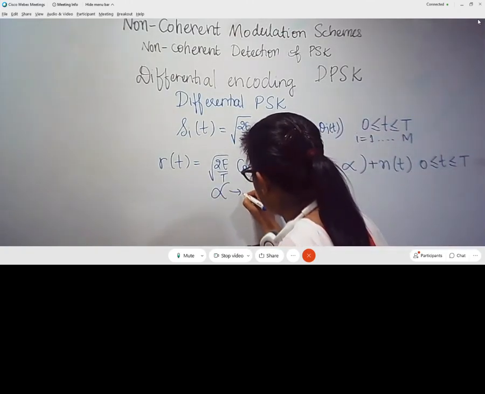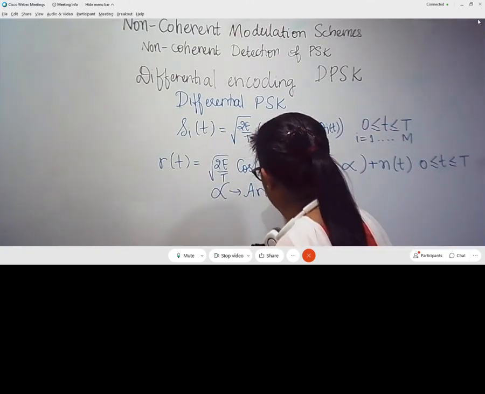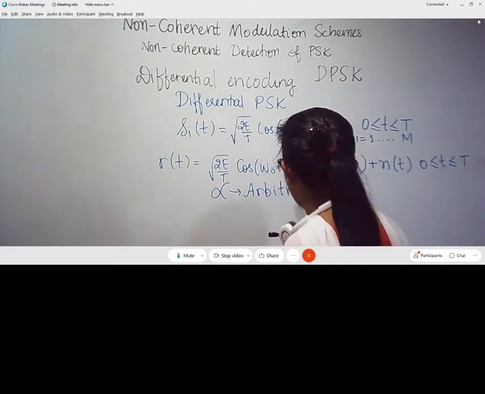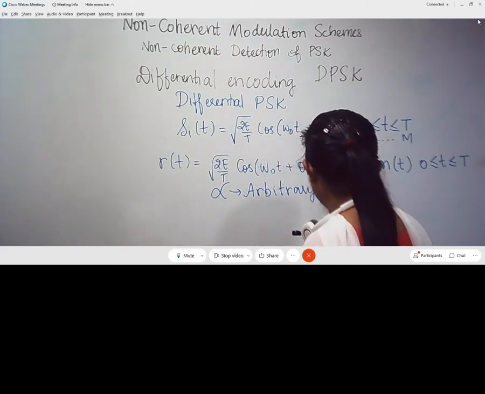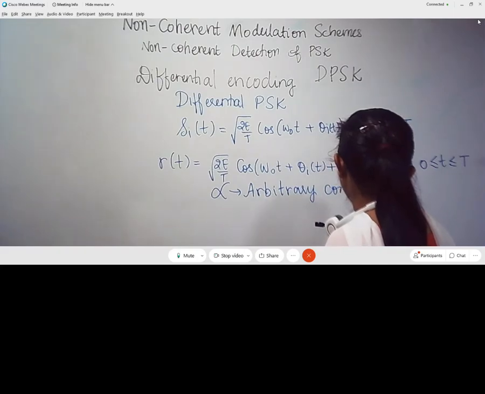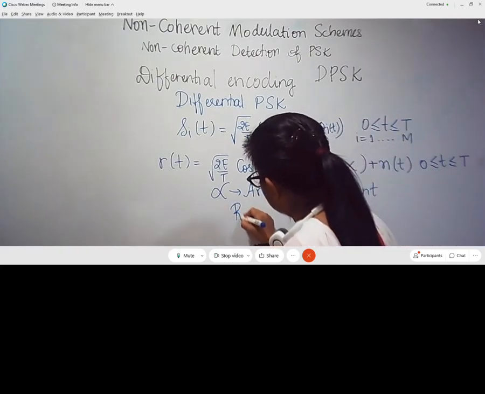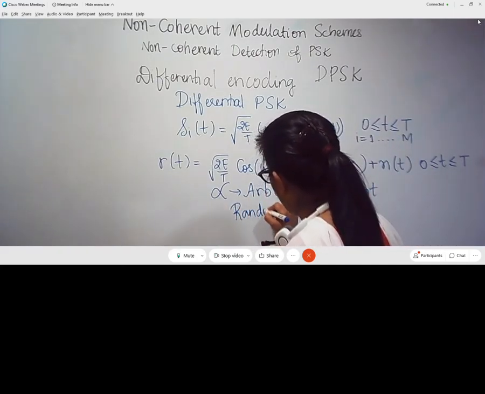This alpha is an arbitrary constant value which is random in nature.